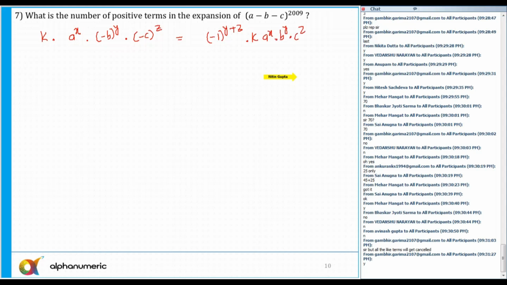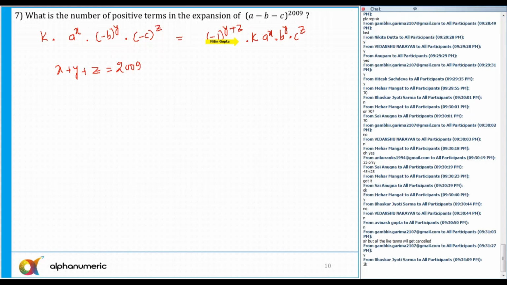We know that x plus y plus z is definitely equal to 2009. And if I need to find the number of positive terms, what about y plus z? Whether it should be even or odd: even.